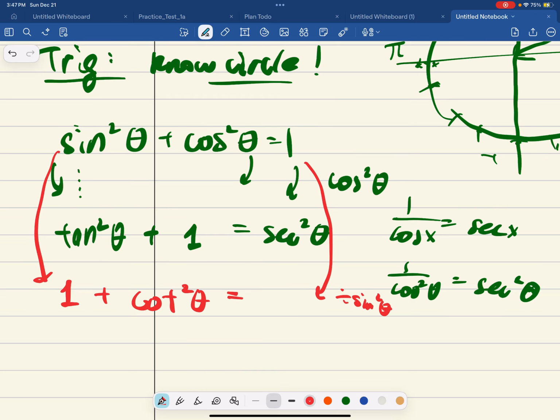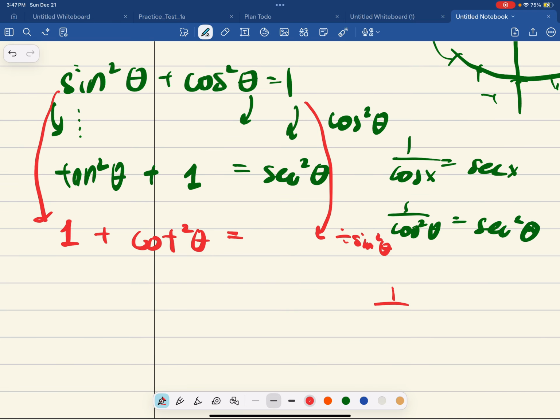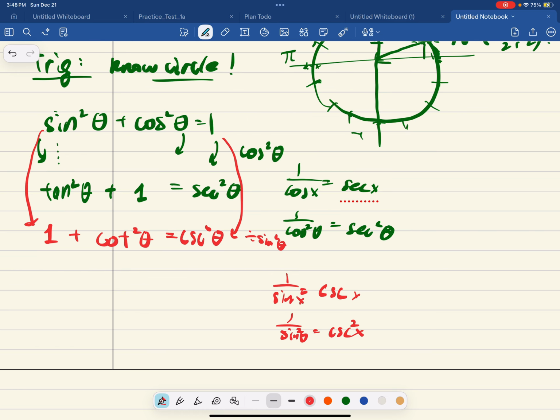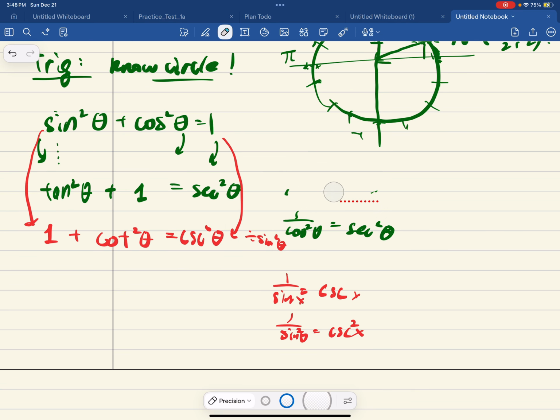And here, 1 divided by sine is cosecant. If it's 1 divided by sine squared, it's cosecant squared of theta.